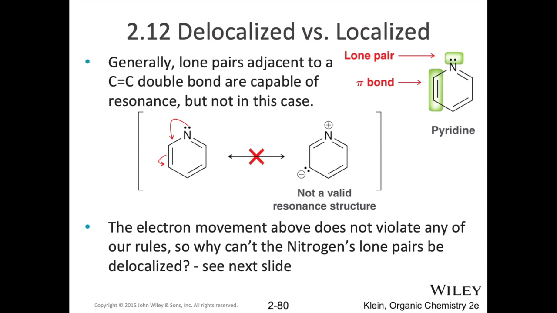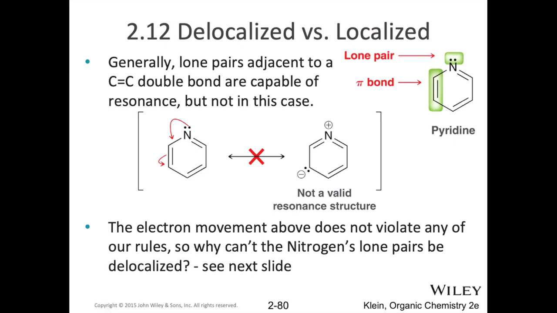Well, the key thing is what I just said: that nitrogen is sp2 hybridized to begin with. The p orbital that's lined up with the other orbitals is already being used to make this pi bond over here. That lone pair, housed in another orbital, is not going to be available in the right plane to overlap.